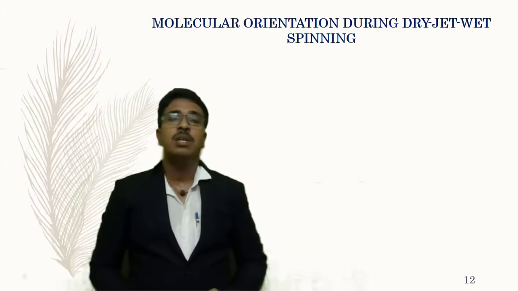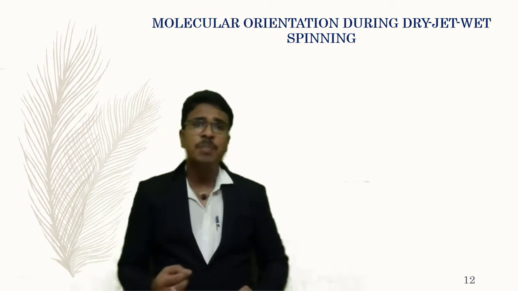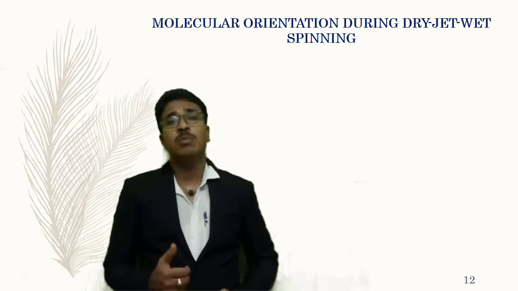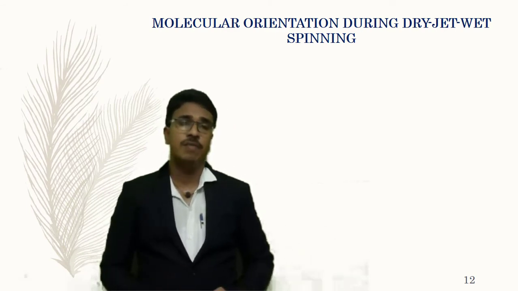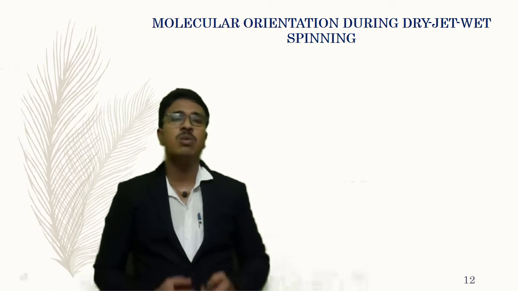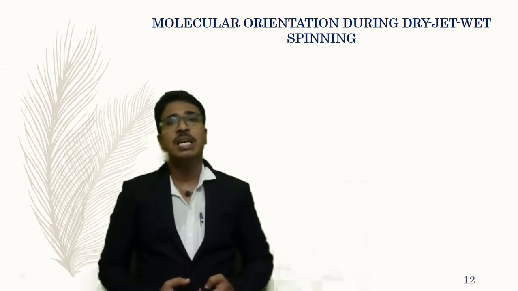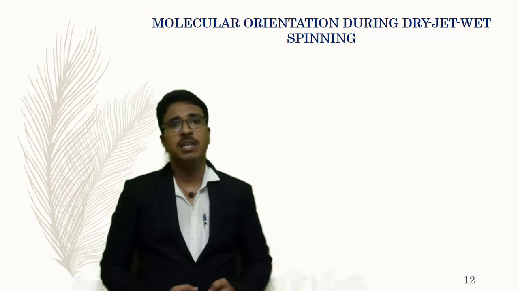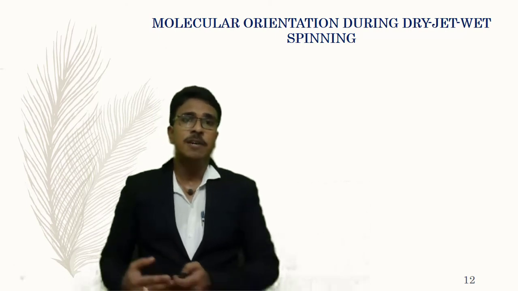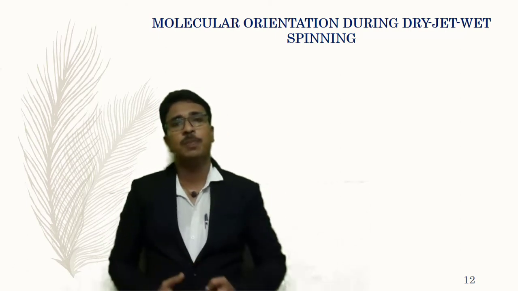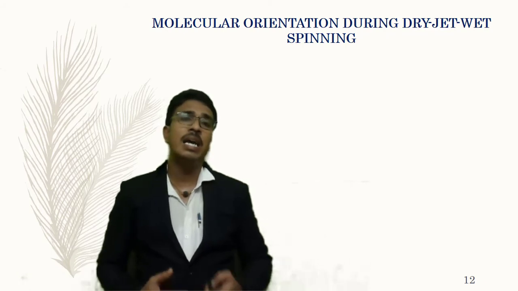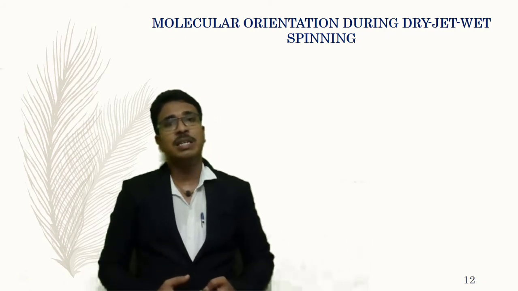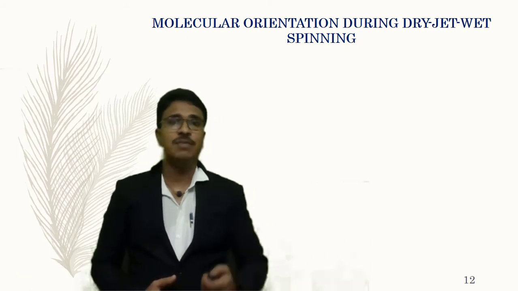Understand? Now, the important thing: molecular orientations during the dry jet wet spinning process. That is, how the molecules are oriented in dry jet wet spinning, which makes the filaments produced through this spinning high performance when compared to dry spinning as well as wet spinning.